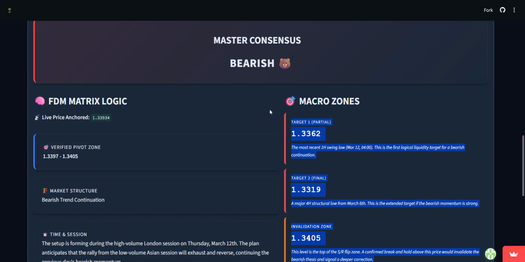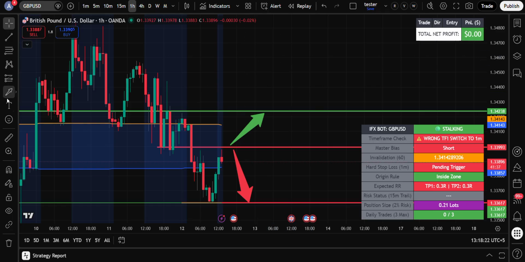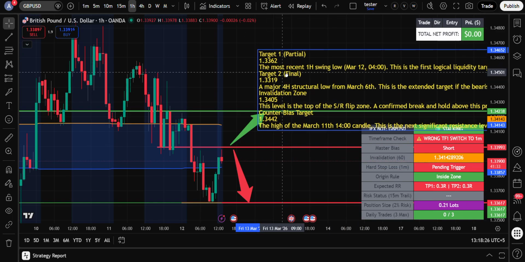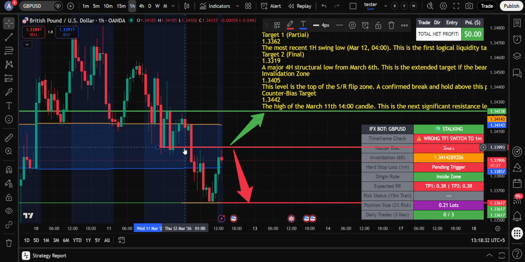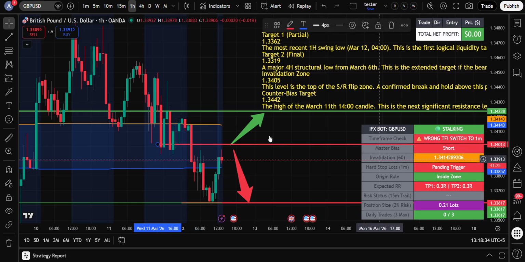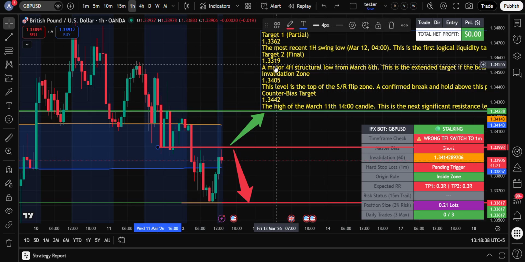So let's copy these levels and compare them on the chart. Let's open this text box. Okay, it's selling as long as it's below 1.3405, almost same as mine. The figure I inputted in the indicator was 1.3400.